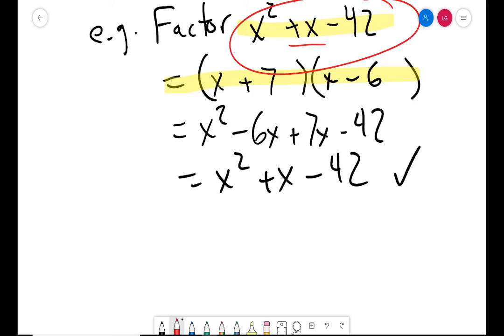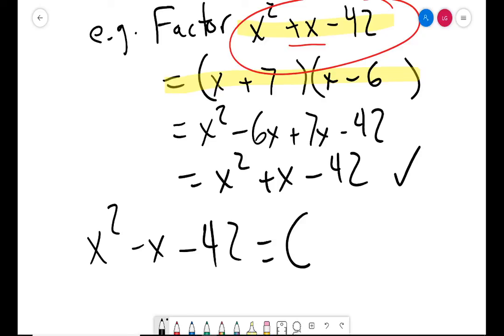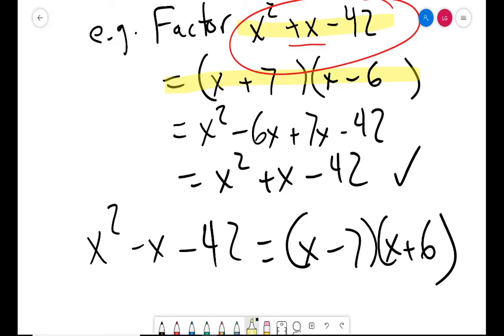Now, as a quick aside, let's compare this to this. This has changed in the 2, and so this changes in the factoring because we need them to distribute and get to the right term.